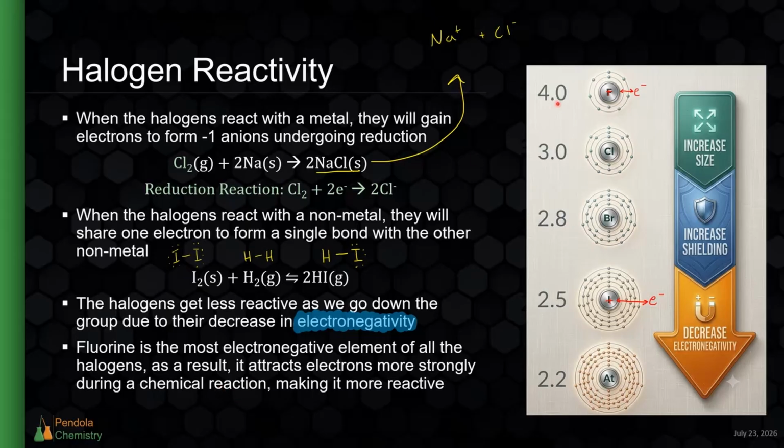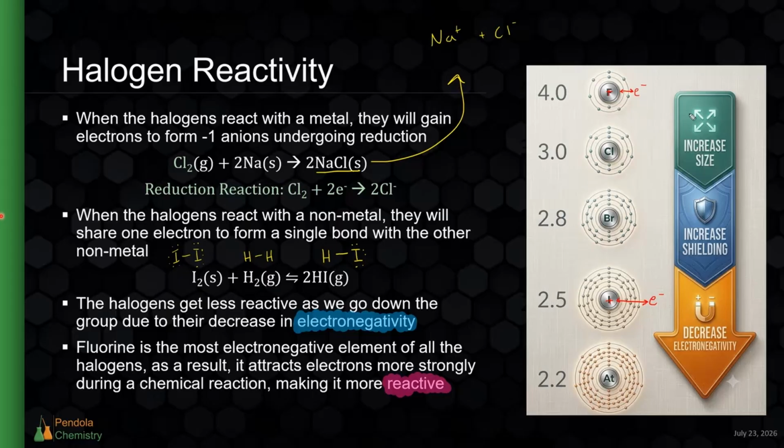Well, if it attracts electrons more strongly, that means that fluorine is the most reactive element out of all of the halogens. The electronegativity and the reactivity of halogens are tied together. As we go down the group, they get less electronegative, meaning they also get less reactive. So let me put an arrow for that here. We don't have one.